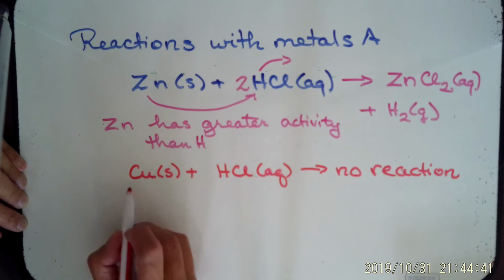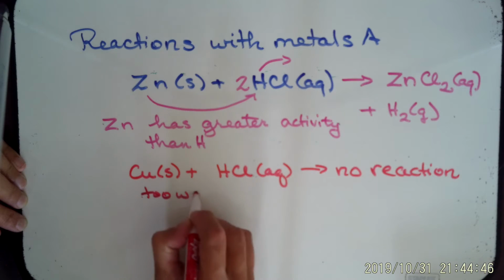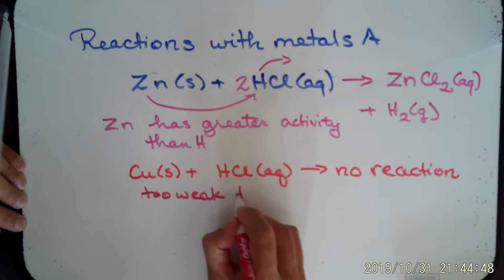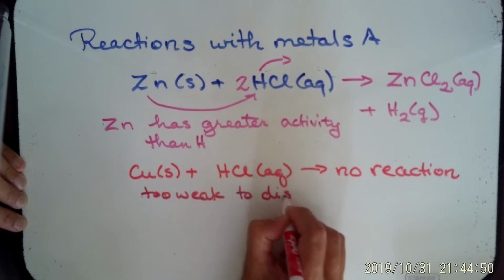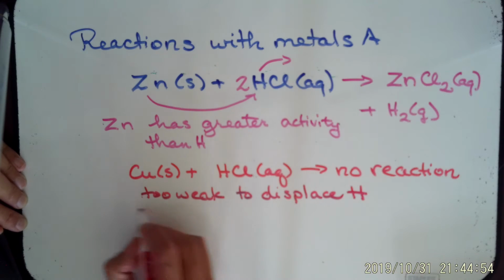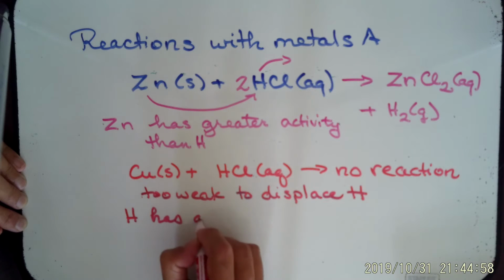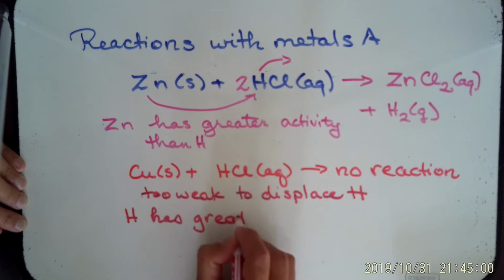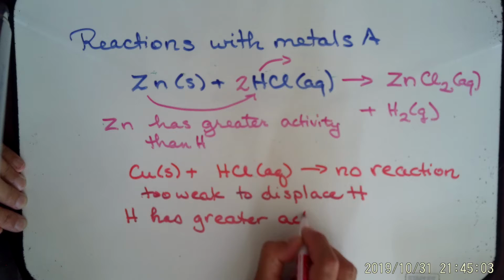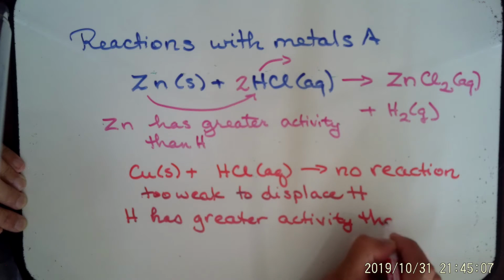What this means is that copper is too weak to displace hydrogen, which means hydrogen has greater activity than copper.